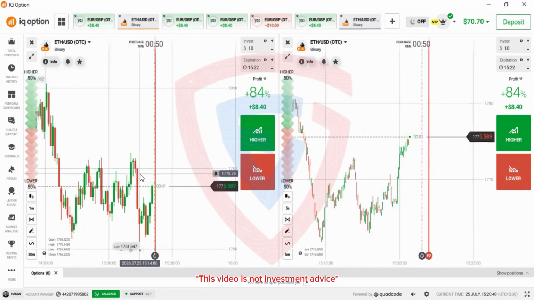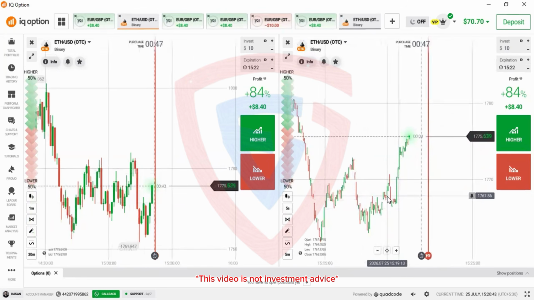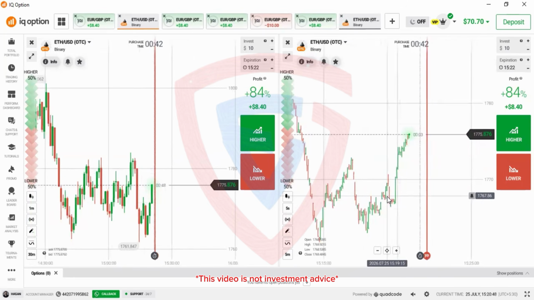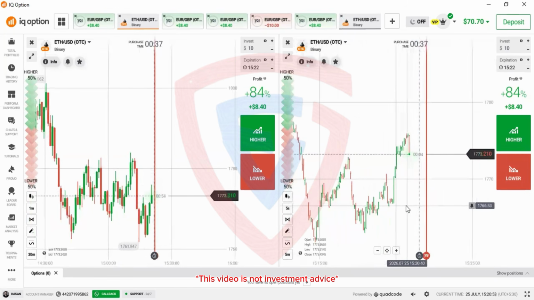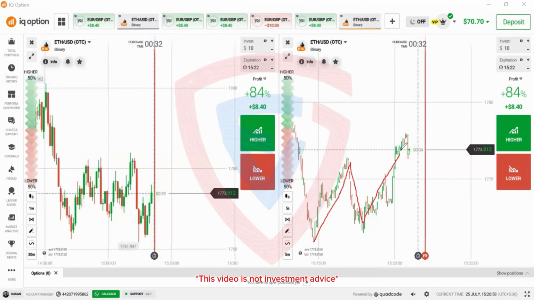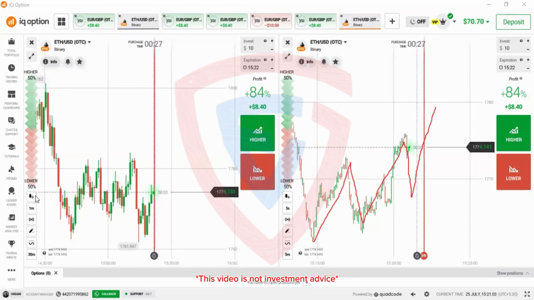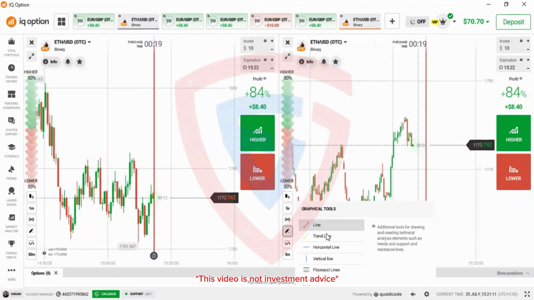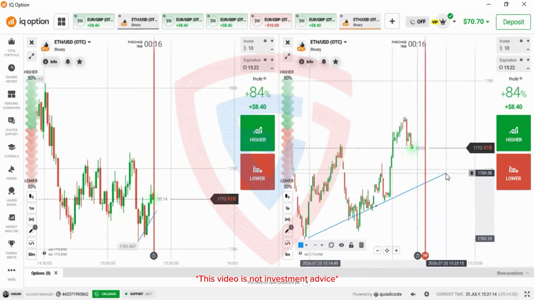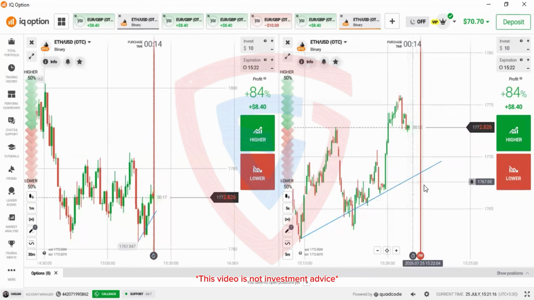So the trend will continue till this point. Okay. So this market is making highs like this. So the market may go up like this. So I will try to draw a level. So this shoulder point, I will try to enter from this point.